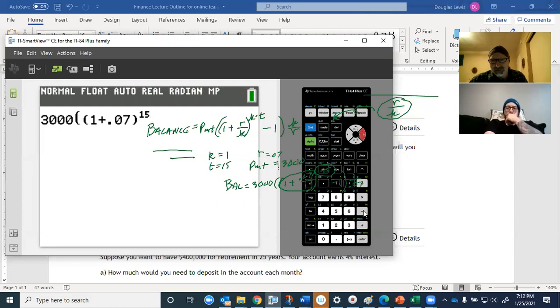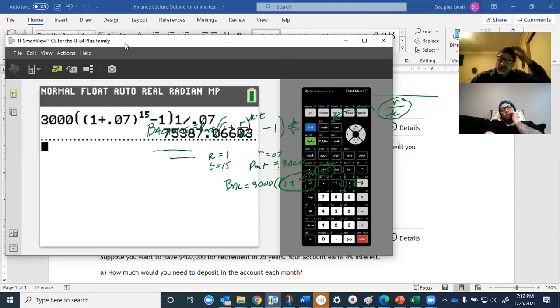We go over here and hit minus 1, close parenthesis, and times 1 divided by 0.07. And that gives us approximately $75,387.07. So that's if you were going to plug it all in by hand into the formula.